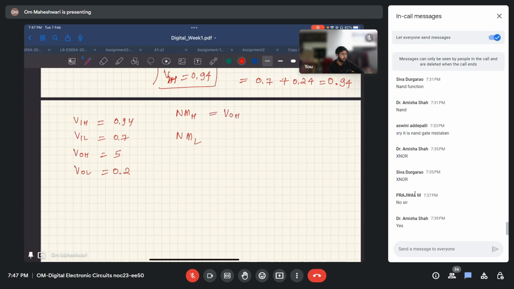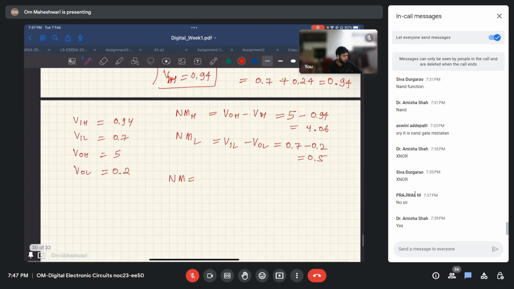NMH is VOH minus VIH, and NML is VIL minus VOL. So this is 5 minus 0.94, and this is 0.7 minus 0.2. This is 4.06, and this is 0.5. So our noise margin will be the lower of these two, that is 0.5 volts.